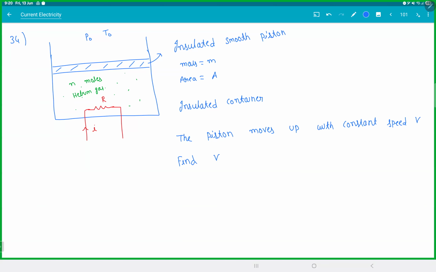You've got velocity: in terms of velocity, mg plus p naught A into v, where v is velocity.